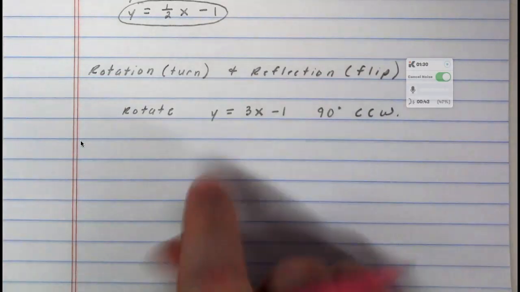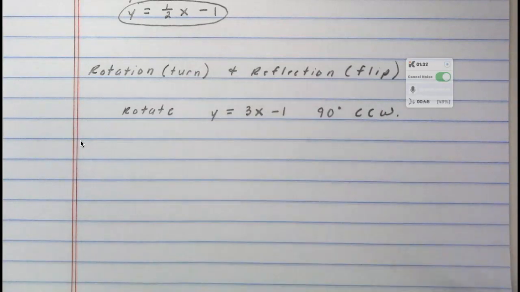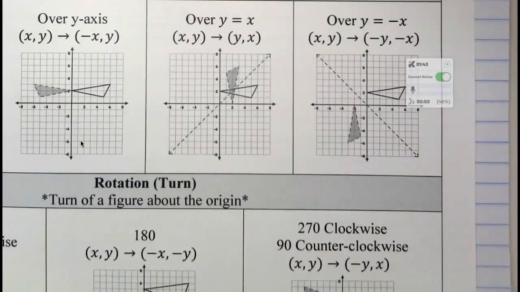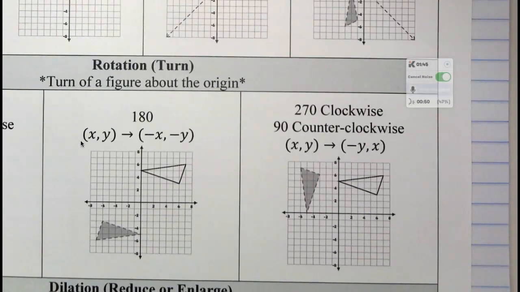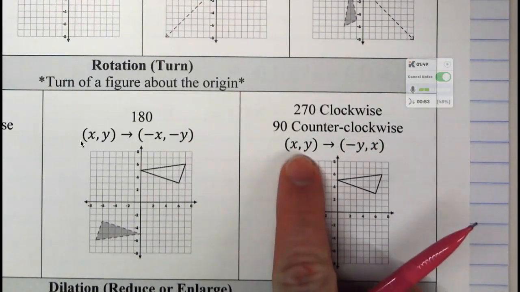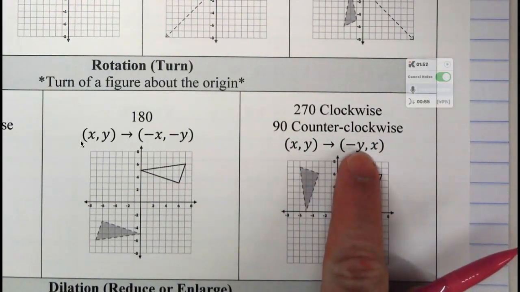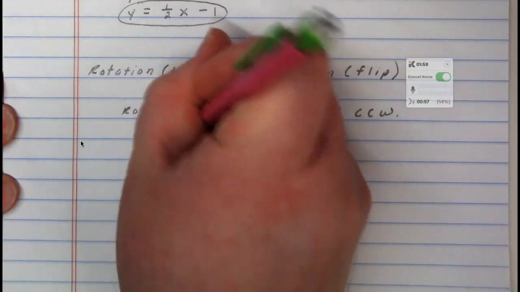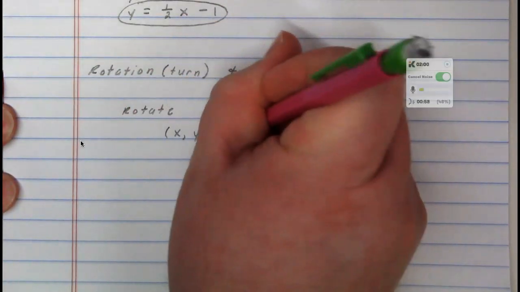So rotate this equation 90 degrees counterclockwise. So if we look at our page, 90 degrees counterclockwise rotation would be this one here on the right, and that takes (x, y) and it turns it into (negative y, x). So let's write that down. (x, y) goes to (negative y, x).